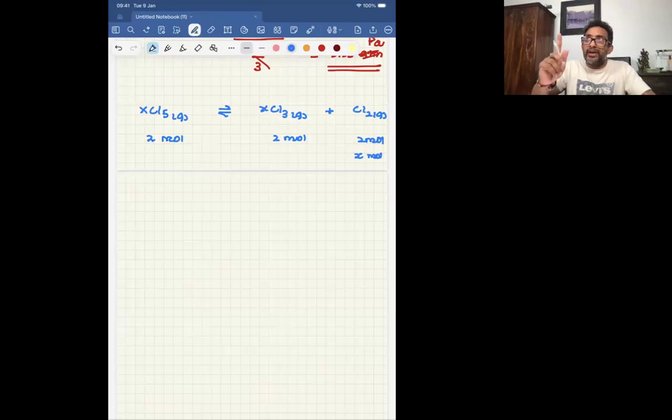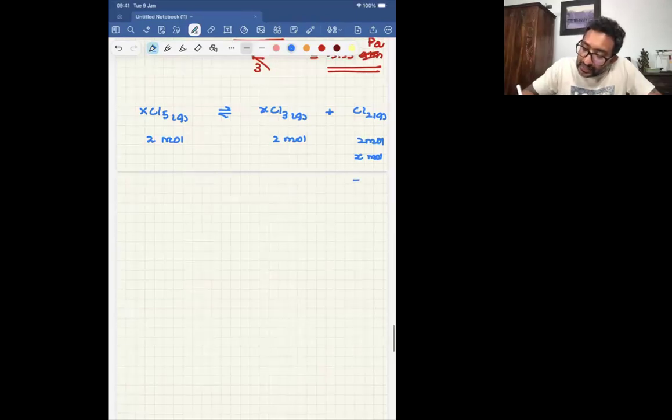According to Le Chatelier's principle, when chlorine concentration increases, the backward reaction will be favored. So the total amount of chlorine that was added is X. Y reacts, the reaction favors the backward direction. So here also Y. Here you get 2 plus Y. This is the added amount.